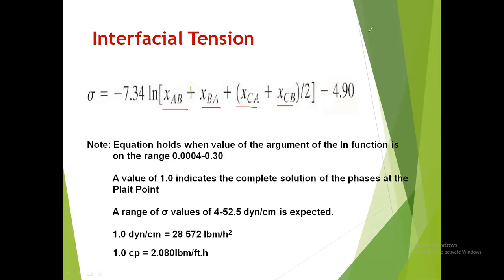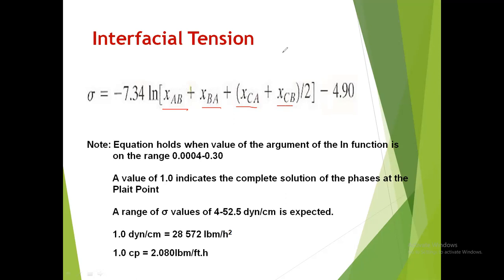So there's a need for you to have it converted. The first letter in the subscript tells you the mole fraction of that particular component. The second letter tells you the location. So in this case, the mole fraction of A in the B layer.